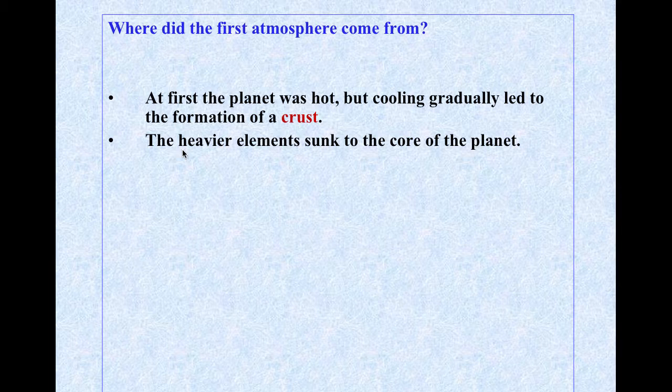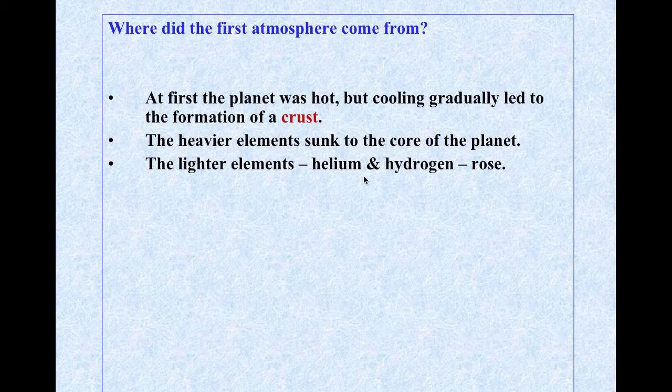During this process, the various heavier elements that were around at the time sunk, because they're heavy, down towards the core of the planet. And I think the core of the planet is iron and nickel, so those are heavier elements. And that leaves the lighter elements to rise up to the region of the crust.